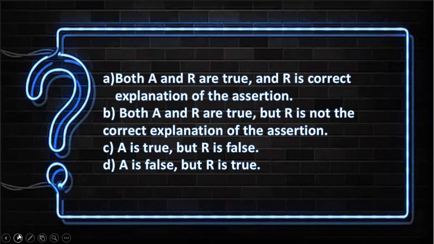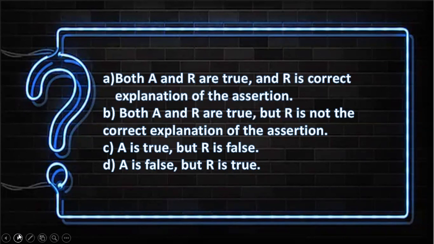And after that, what we have is an assertion reasoning part, right? In the assertion reasoning part, there will be four options given. A statement will be given, an assertion, and a reason for that statement. We should make clear whether the reason given is a suitable reason, that is, a correct explanation of the statement given or not.